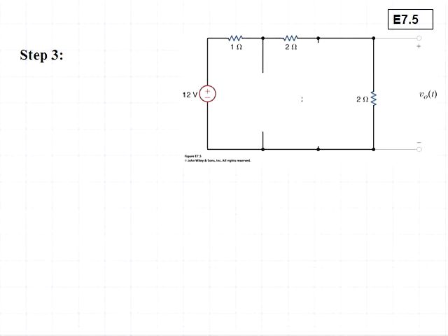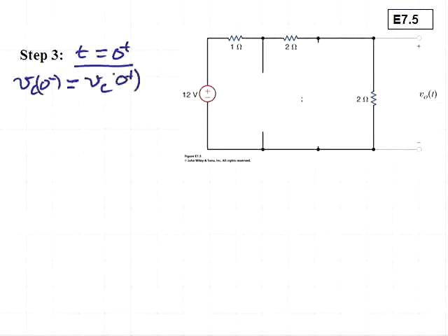Now we proceed to step 3, in which we look at the circuit condition at time 0 plus. We're using the concept that VC at 0 minus is continuous across the switching interval. This is the same as VC at 0 plus.